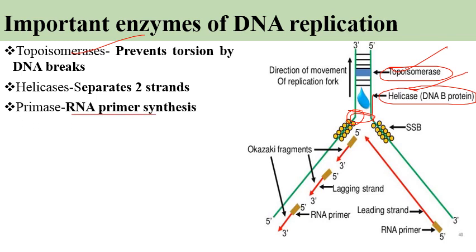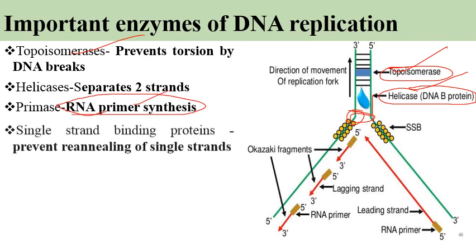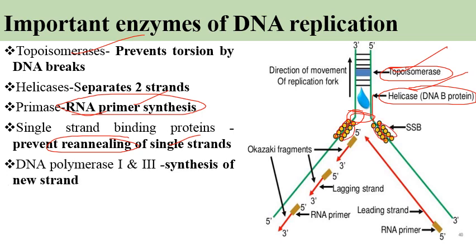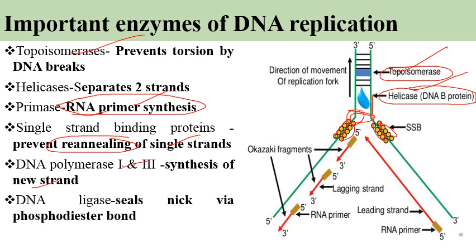And primase helps in formation of RNA primer. Single strand binding proteins prevent re-annealing of single strands. जो single strands हैं उनकी identity को ये maintain करते हैं, stability provide करते हैं ताकि फिर से re-anneal ना हो. DNA polymerase 1 and 3 synthesize the new strand, and DNA ligase seals the nick via phosphodiester bond. So it is a molecular glue that helps in joining these fragments.